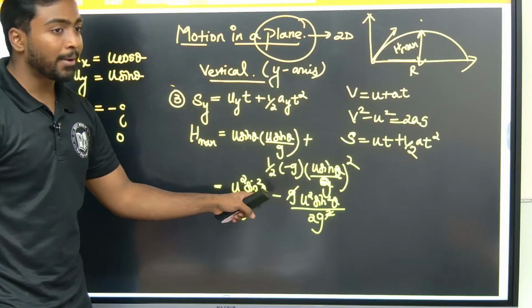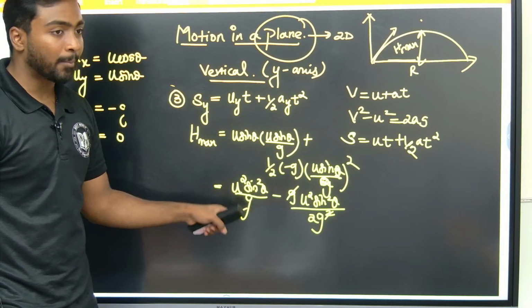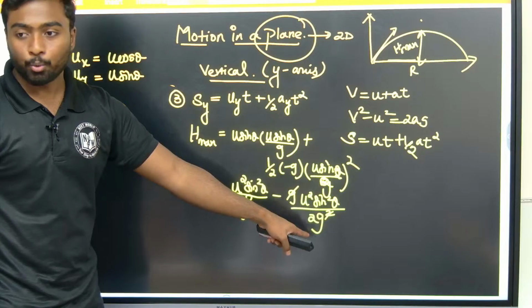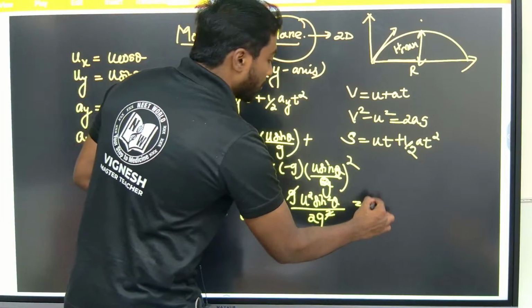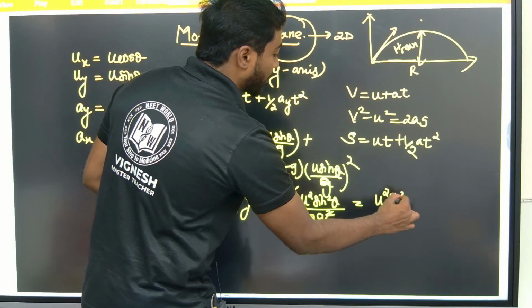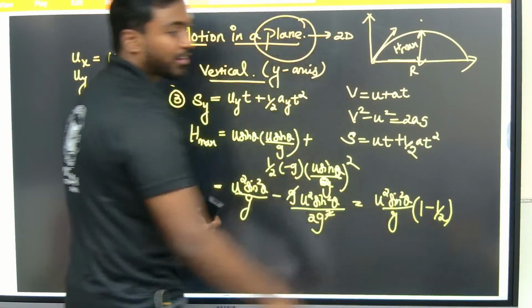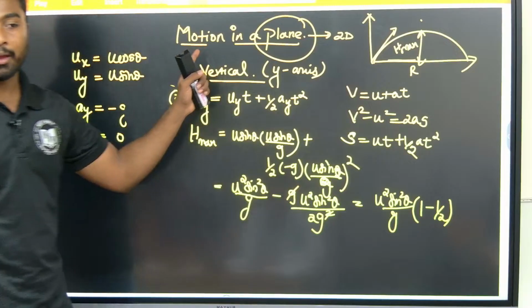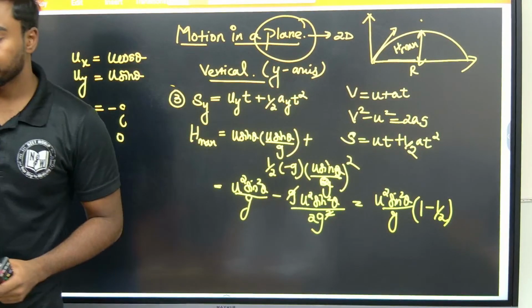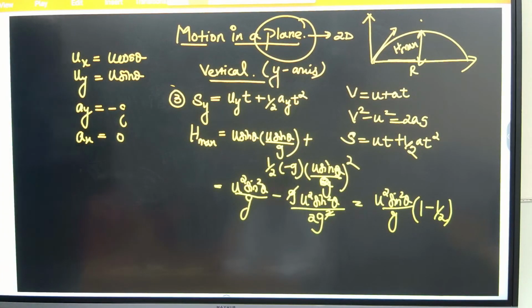If I take u square sin square theta by g commonly outside, 1 minus 1 by 2 will be remaining, which is nothing but 1 by 2. So same answer we are getting now: u square sin square theta by 2g.